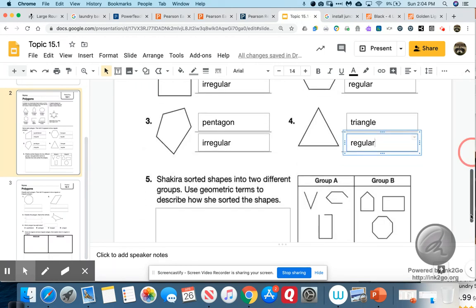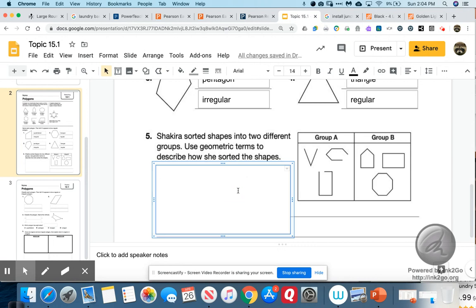So group A are all open figures. And what's the opposite of that? Well, these are closed. And group B are all closed.